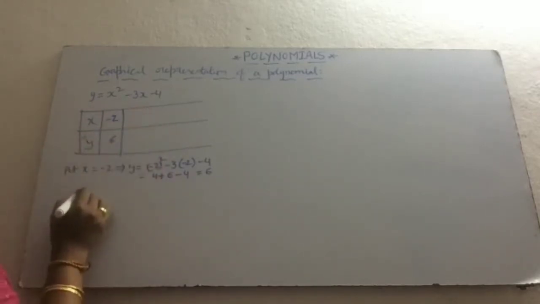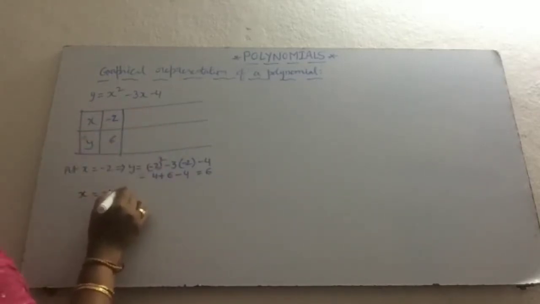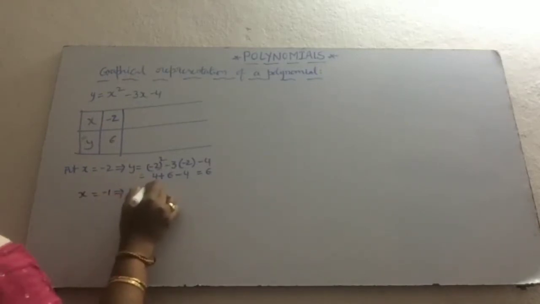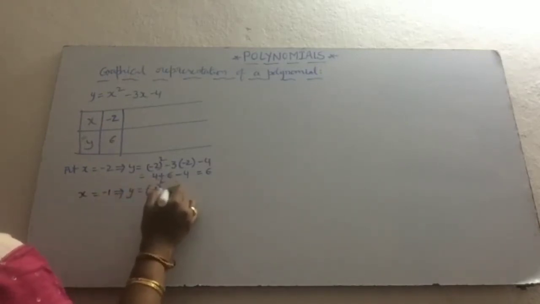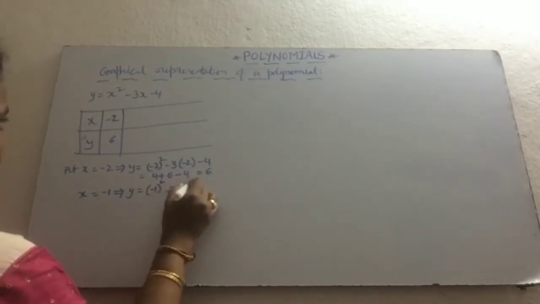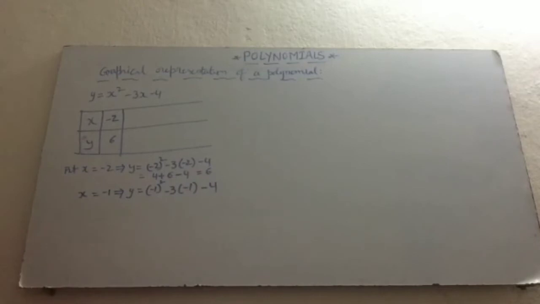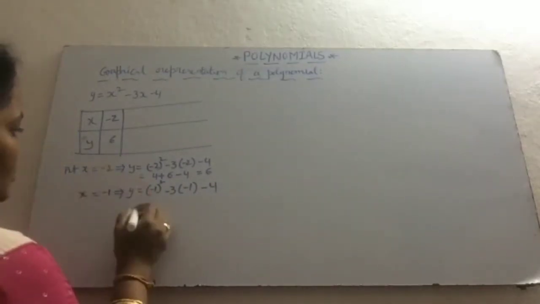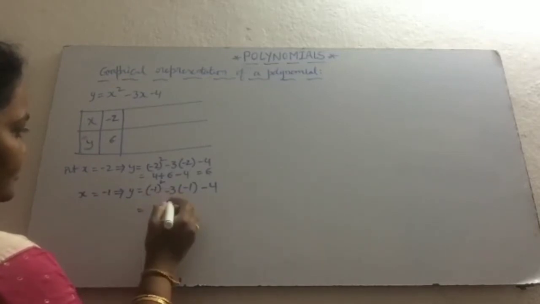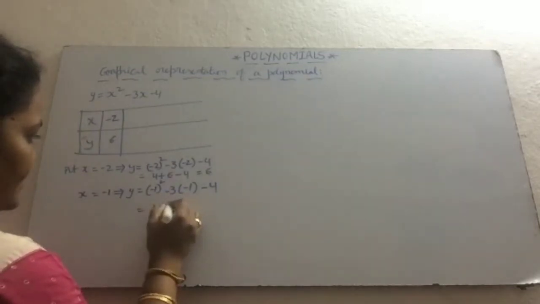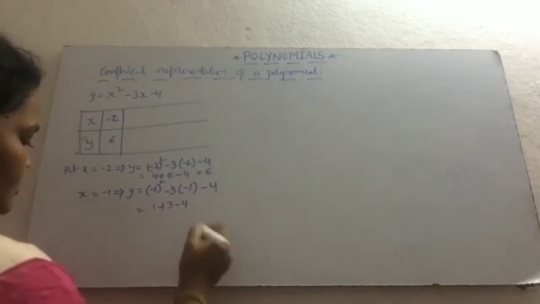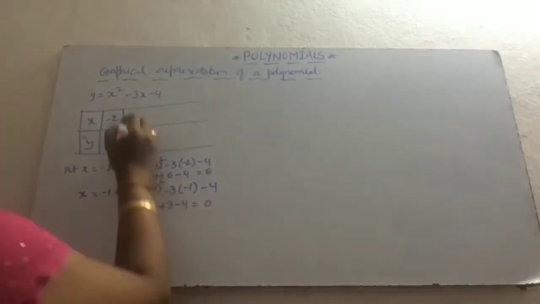And next put x equal to -1, then y equal to -1 whole square, -3 into -1 -4. So 1 plus 3 minus 4, that equal to 0.